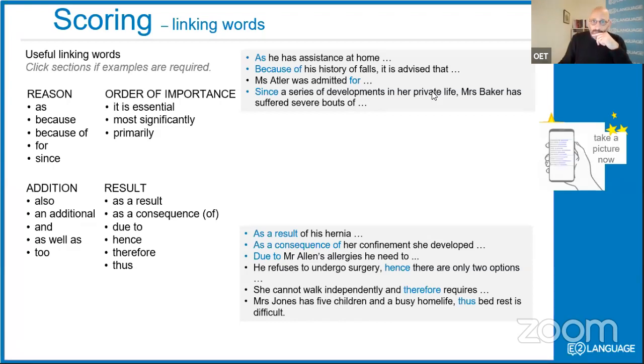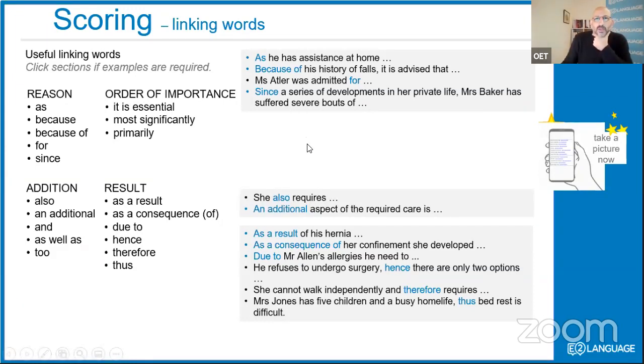What about these ones? As he has assistance at home, because of his history of falls, it is advised that. Mazatla was admitted for, since a series of developments in her private life, Mrs. Baker has suffered severe bouts of. Okay.